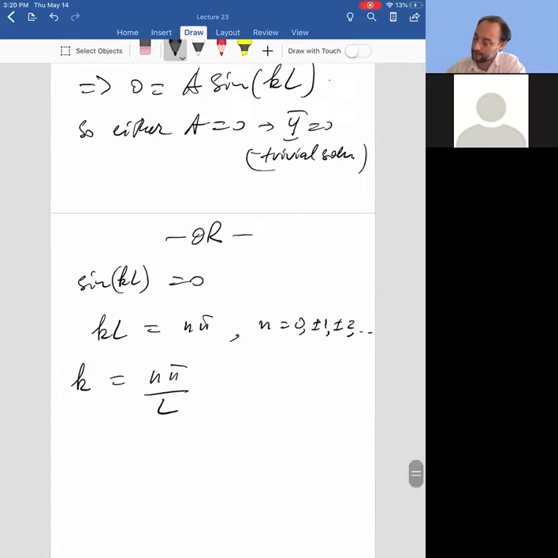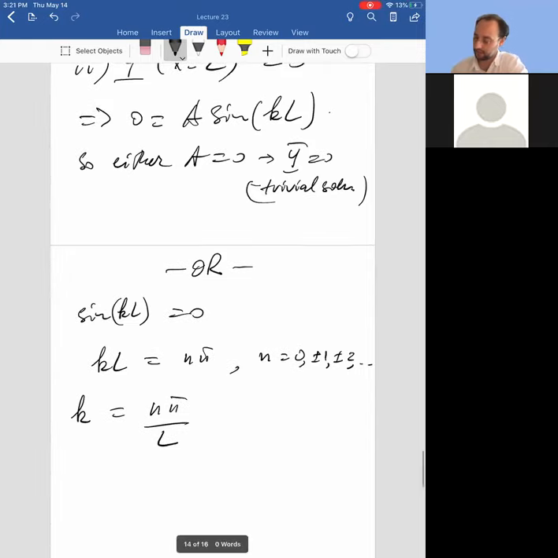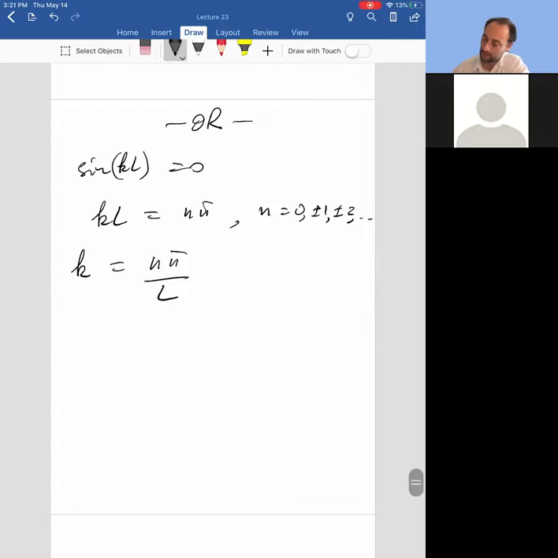By the way, the negative k's are not interesting either, because that's just equivalent to flipping the mode upside down. That will automatically be included in the full solution. So we only need positive n's. And so we see that there is an infinite set of discrete modes.